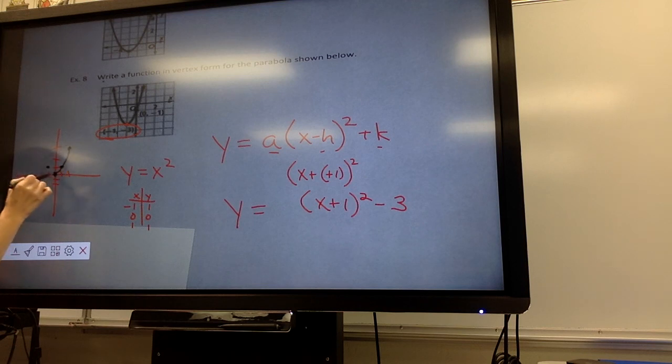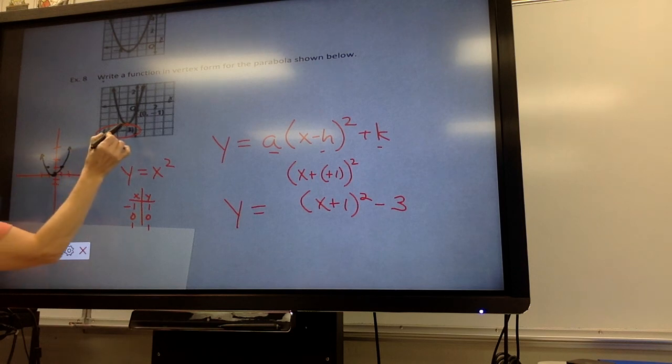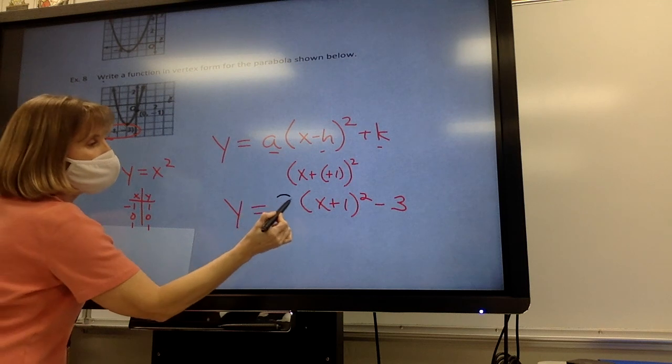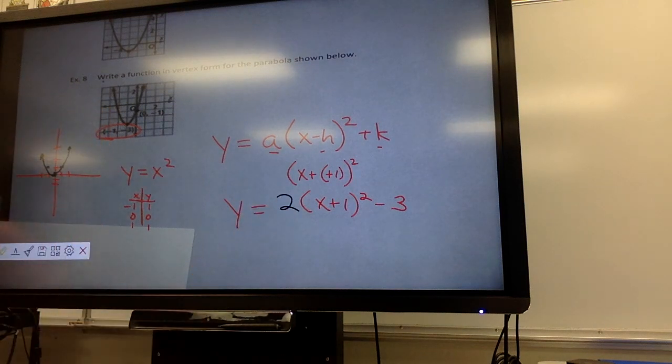So on that, when it went from the vertex to the first point, it went over 1 and up 1. What's this one doing? To go from the vertex to the first point, it's going over 1 and up 2. So this is going to be a 2 in front of there. It's going to go up twice as fast as the parent function did.